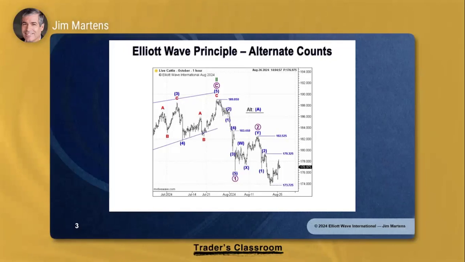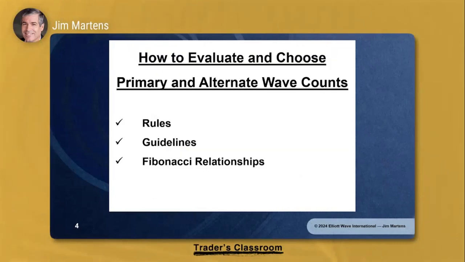So I see this as a positive rather than a negative. The alternate count doesn't necessarily create doubt about the future path the market might travel. It often adds confidence to one's outlook. It took me a long time to reach that conclusion, but I think it's one of the most confusing aspects of the wave principle. So when you're faced with multiple wave counts, how do we juggle those?